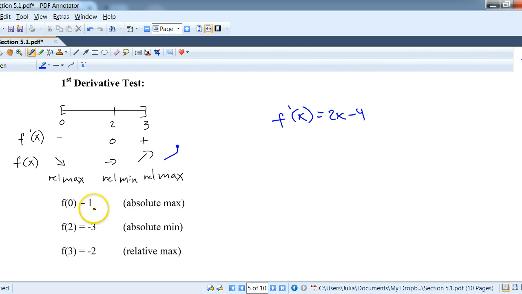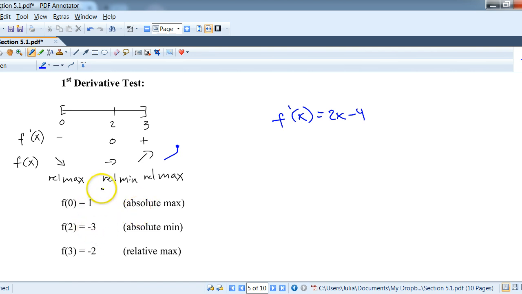How do we know if they're absolute? Well, we find all the y values by plugging them back into the original f of x. So that's what we get. We have 2 maximum points, and notice how the highest one, because we have a continuous function, a polynomial within a closed interval, so the highest y value is the absolute max.